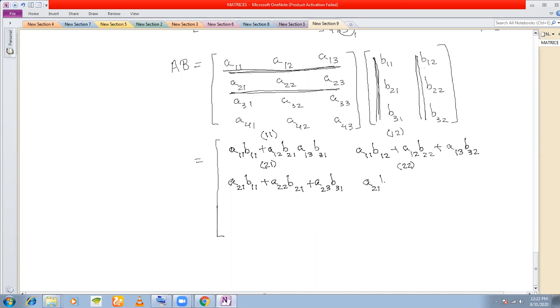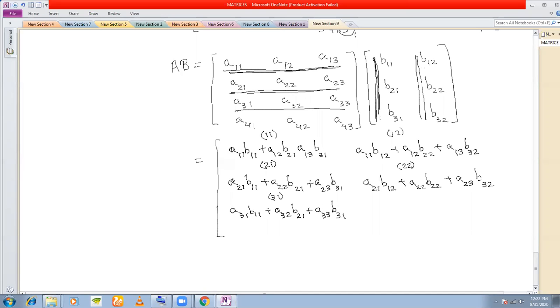A21 B12 plus A22 B22 plus A23 B32. Next we multiply the third row with the first column to get the third row first column element: A31 B11 plus A32 B21 plus A33 B31.